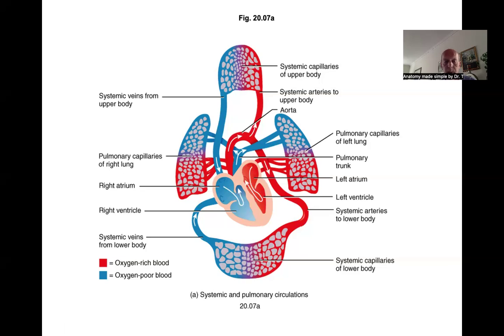Both vessels take blood away from the heart, with the difference that the aorta brings oxygenated blood out of the heart's chambers, while the pulmonary trunk does the same with blood which is deoxygenated, and for that reason it has to be sent to the lungs for the purpose of oxygenation.